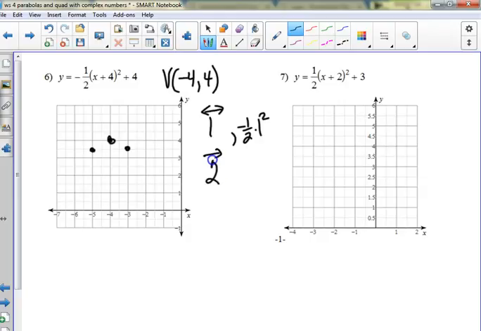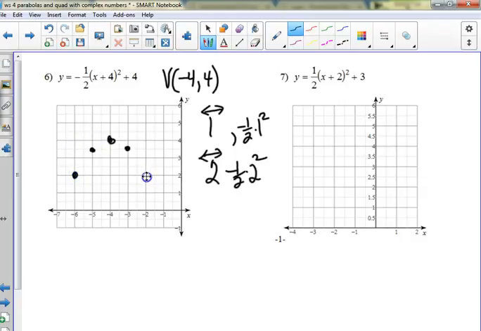If I go 2, though, what's negative 1/2 times 2 squared? 2 squared first is 4. Half of 4 is 2. So yes, it is negative 2. We're going to go down 2. From here, go out 2, down 2.